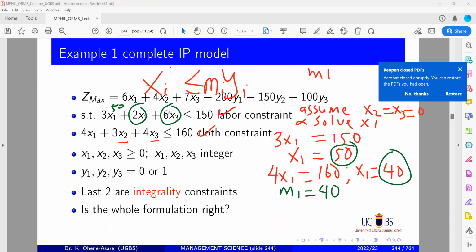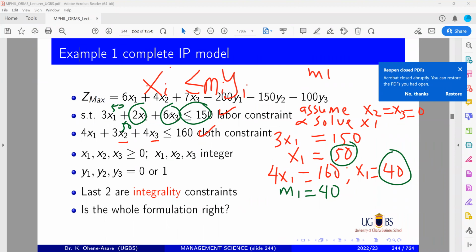So that will satisfy this 150 here, it is equal to, perfect. But let's drop it into the second constraint because it must satisfy both constraints.